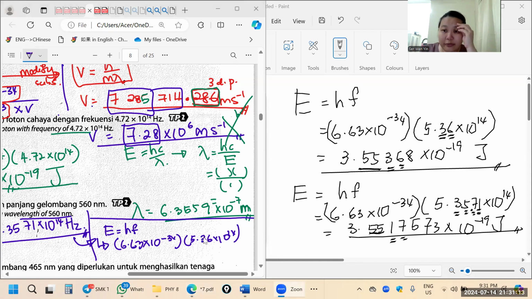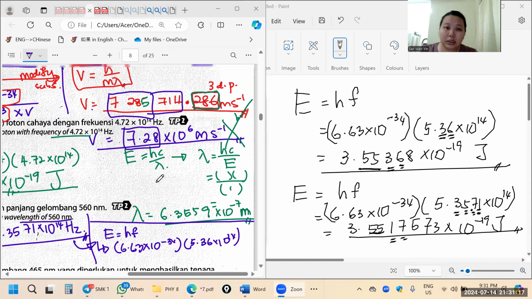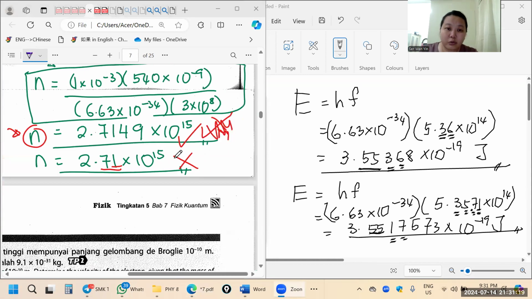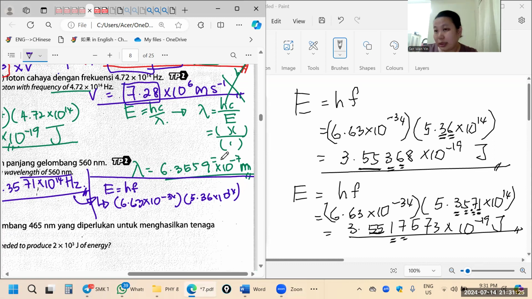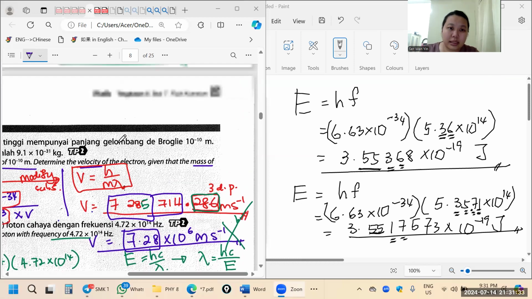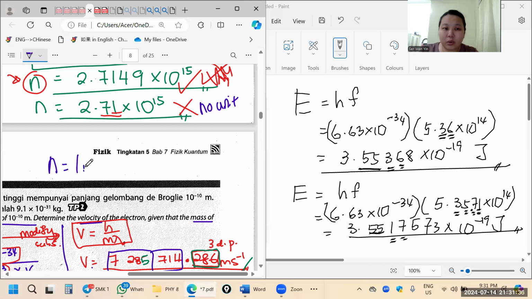What is the unit for number of photon? No unit. Number of photon, no unit. Like number of electron, also no unit. Okay, so N is like 1 mole of atom.